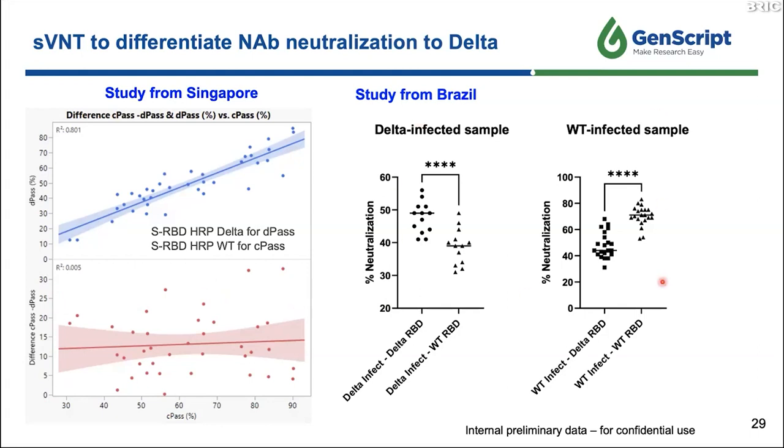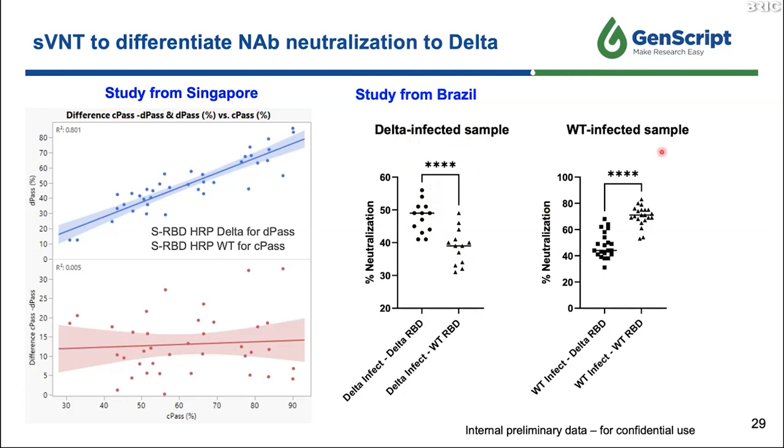So I would also like to share our study from Brazil. In this study, we tested both the delta infected sample and the wild type infected sample. We can see that for the delta infected sample, its percentage of neutralization is higher for the delta RBD, and it shows a significant difference from the wild type RBD.